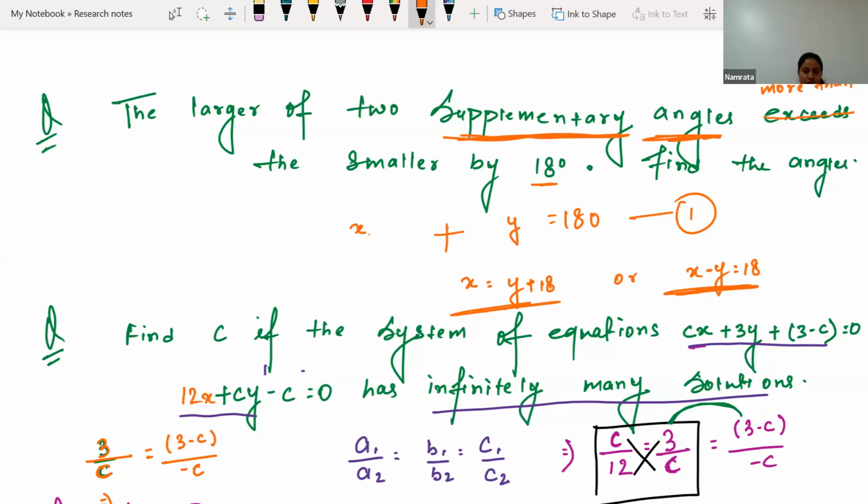Ma'am, I'm getting x is equal to 99 and y is equal to 81. Yes, perfect. This is what we will be getting.